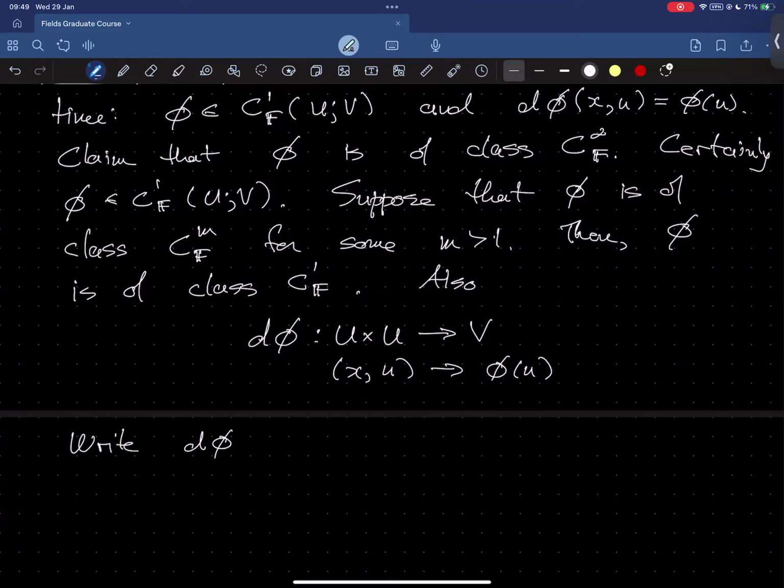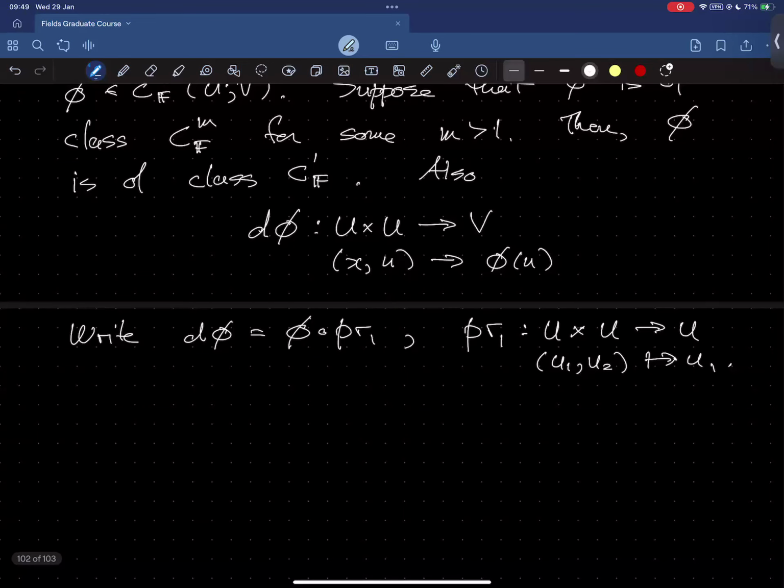Okay, so we write d phi equals phi composed with the projection onto the second factor. Okay, so PR2 is a mapping from U cross U into U, which sends (u1, u2) to u2. I'm sorry, that's PR2, not PR1.